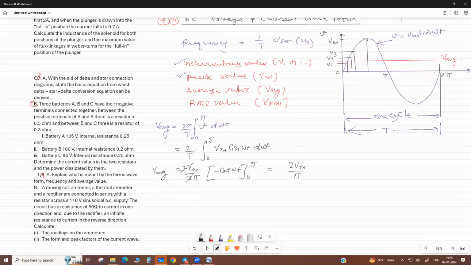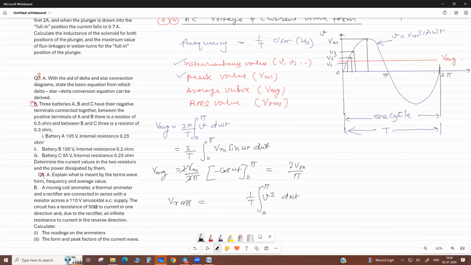Similarly, if we calculate the RMS value, VRMS: square means we do the square, then mean means average, so again you calculate the average value, divided by T, d omega t.